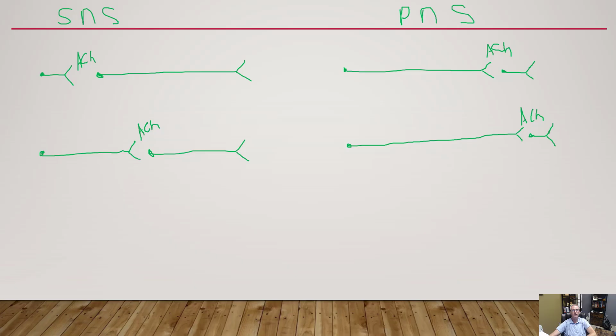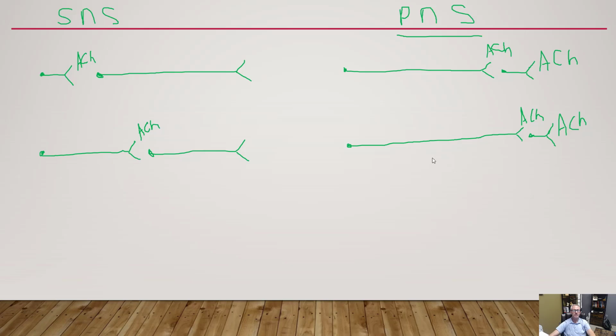Anytime that we have a parasympathetic postganglionic fiber, that will also release acetylcholine. So you can just make a blanket statement that anything that is parasympathetic will release acetylcholine.